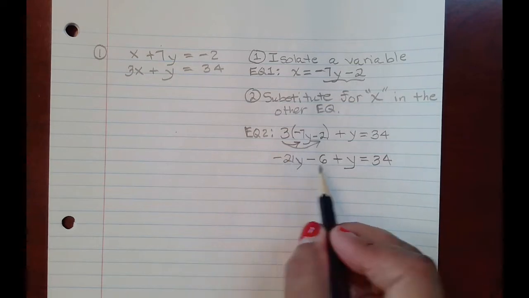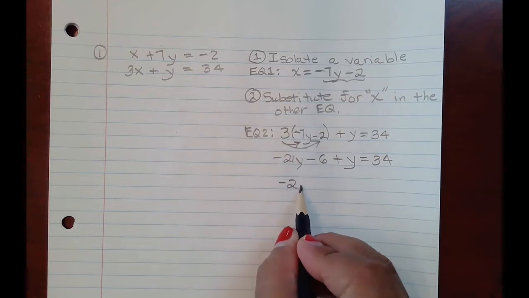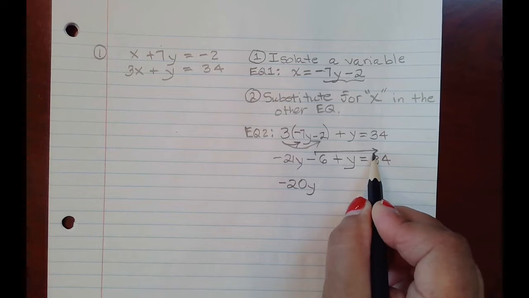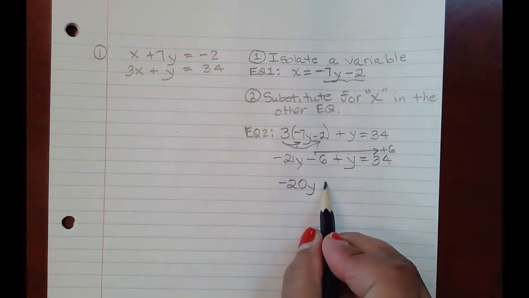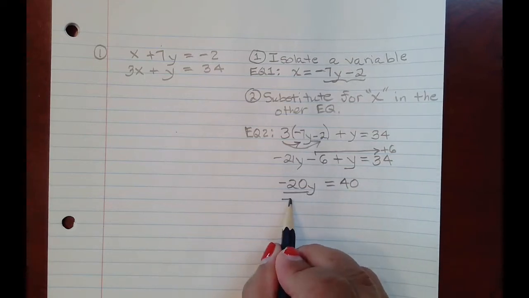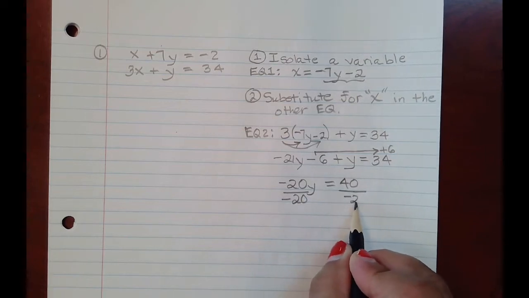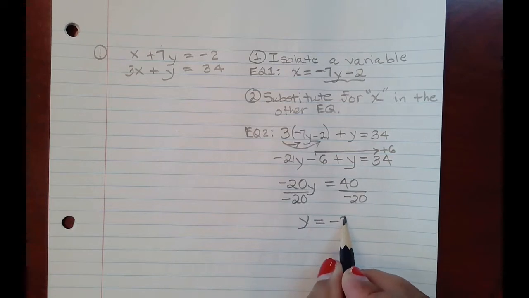So when I combine -21 and +1 on my y's, I'm going to have -20y. I'm going to bring this -6 to the other side, at which point it's going to be +6. 6 combined with 34 is 40. Then I'm going to divide this -20 coefficient right off of the y. And I end up with y is equal to -2.